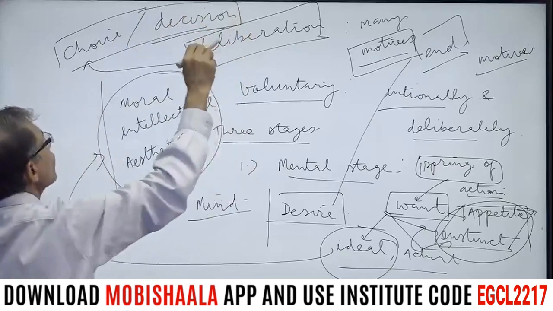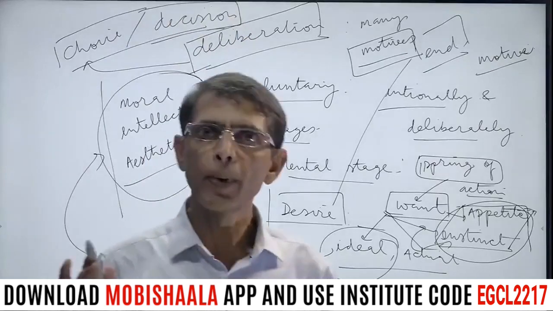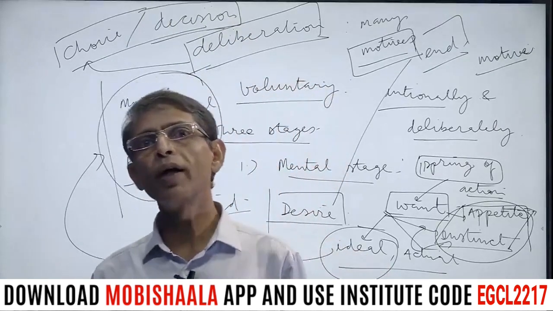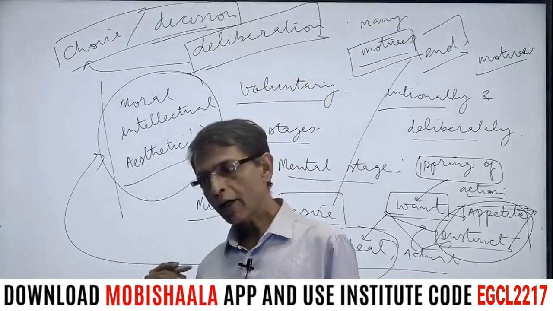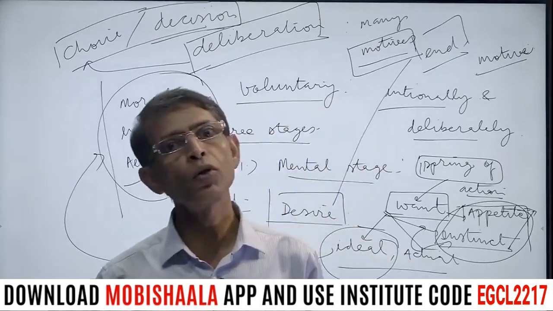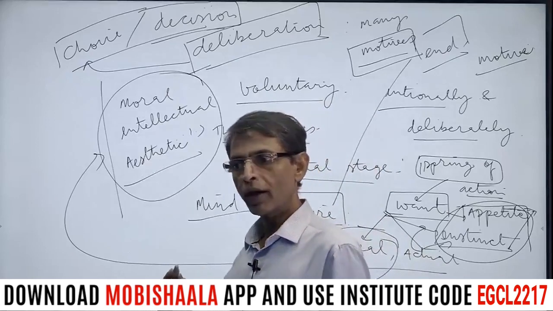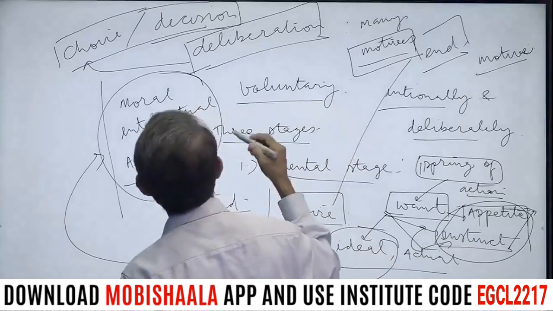Almost he has reached a decision. That's why it is also known as decision. But still there is one step. If it has to be performed right now, then fine. Otherwise, he can postpone his decision. You know that if he postpones a decision, then it becomes a resolution, not a decision.